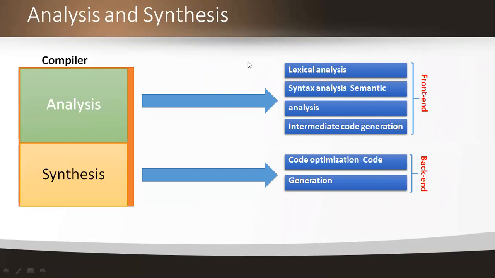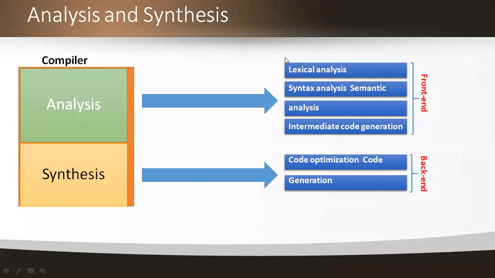After performing the task of the synthesis part, during this process, if certain code has to be optimized for efficient execution, then the required code is optimized. Optimization also plays a main role, because by doing the optimization, we can generate the target code in an efficient manner.